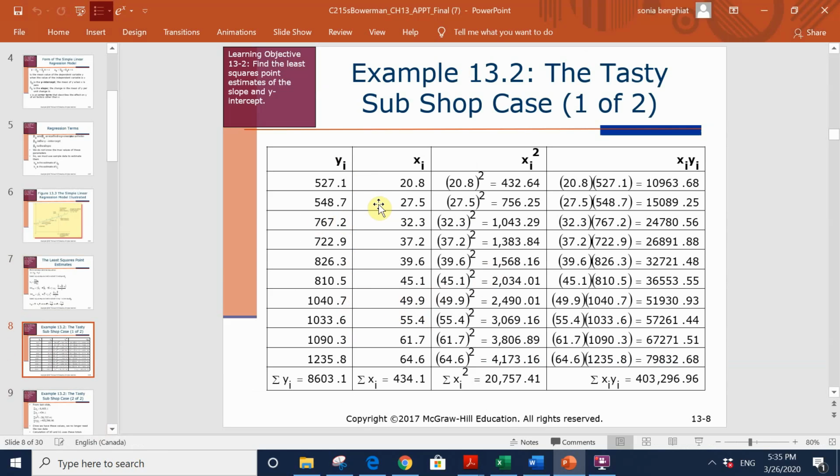If I use 32.3 for x, I know that my observed value of y will be 767.2. That will be the observed or actual value of y when x is equal to 32.3. But what will the predicted or expected value of y be when x is 32.3?